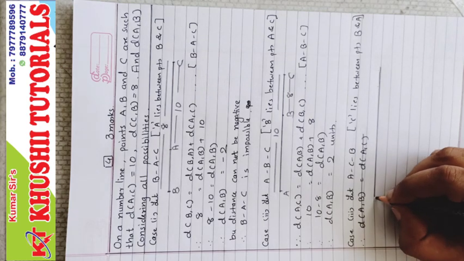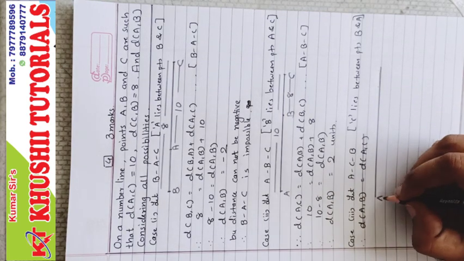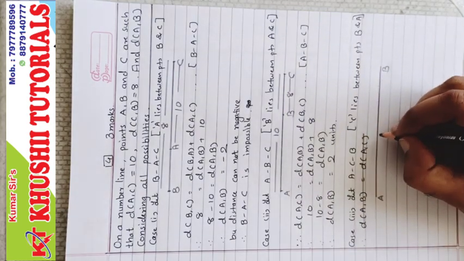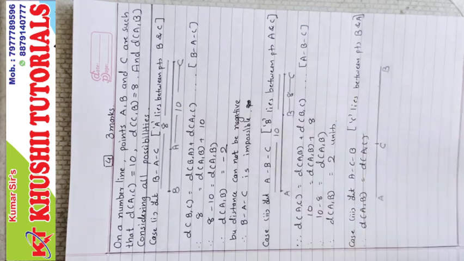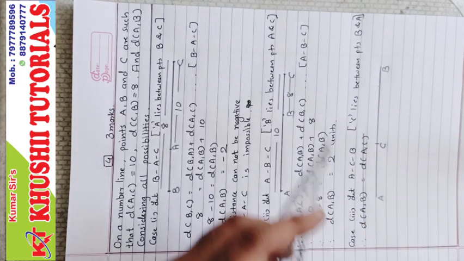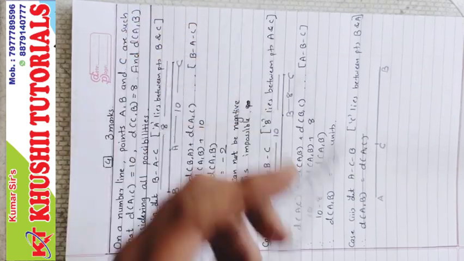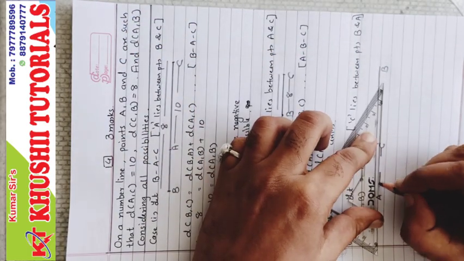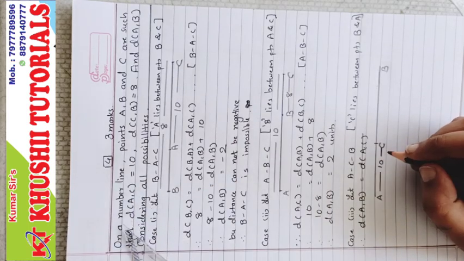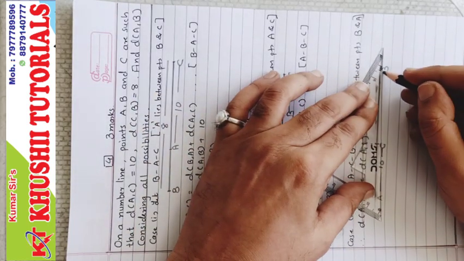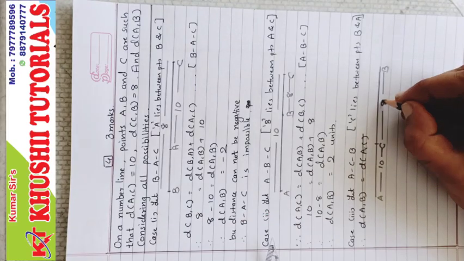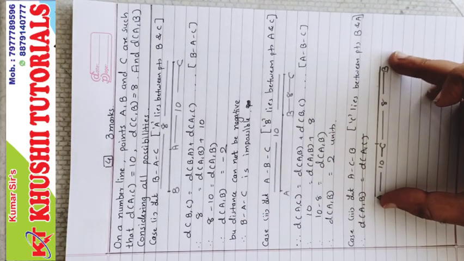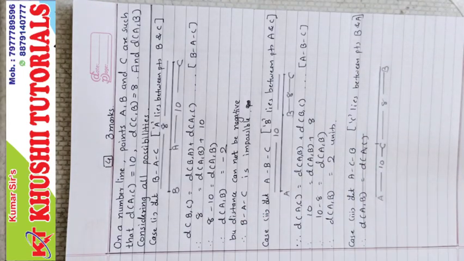The name is A, B and C will be somewhere here. Now we need to find AB. AC is 10, BC is 8. Yes, this is also possible. So AB will be 10 plus 8, 18.